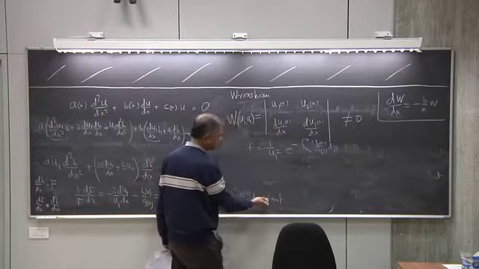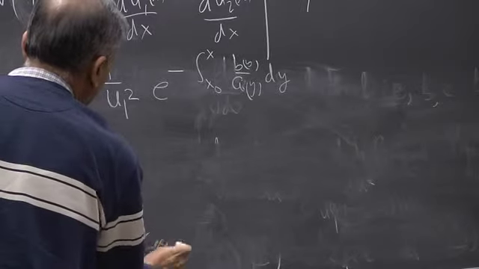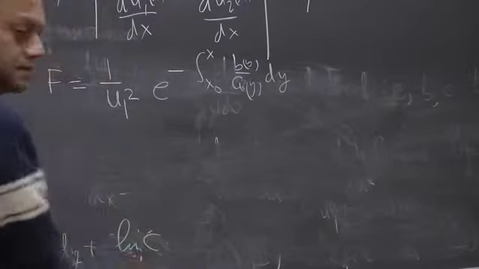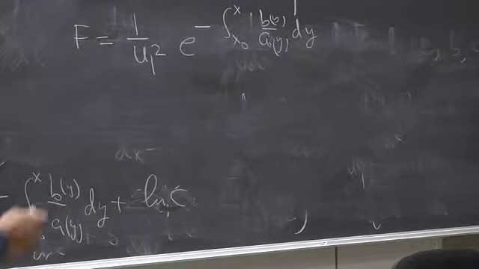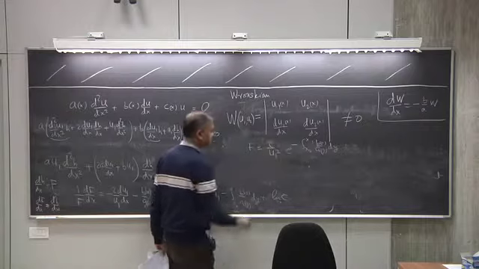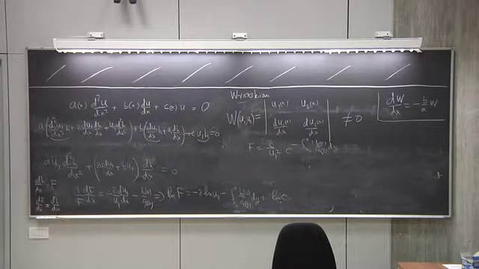And this constant again, let me put it like log of c. Doesn't matter, a constant I can write as the log of some other constant, so that will just come as a constant here. So f is simply that.